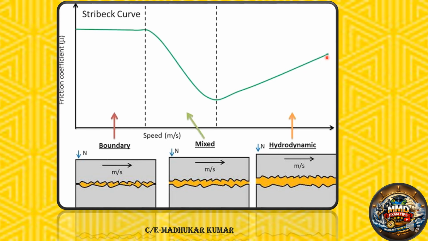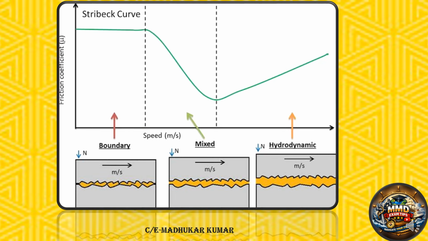There you can see sufficient separation between the two surfaces, your journal as well as the bearing, already exists. It stabilizes at some point. So this is the process: start with the boundary, then go for mixed, and then go for hydrodynamic.